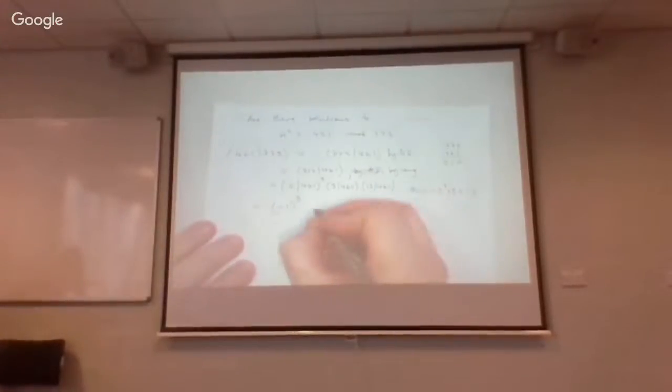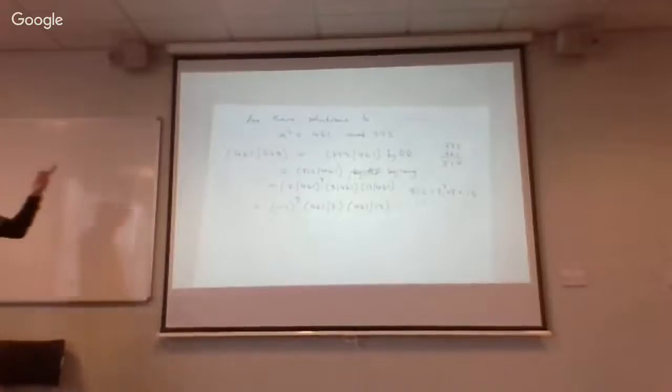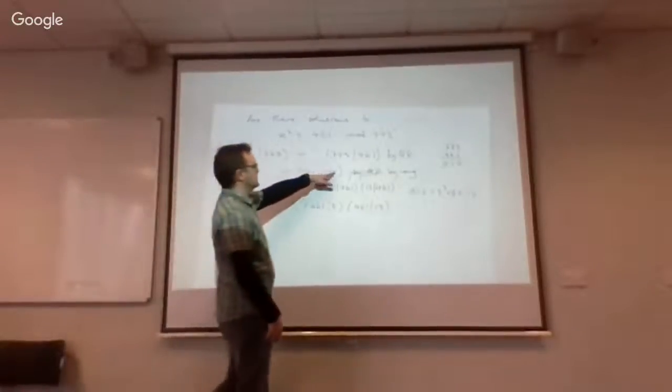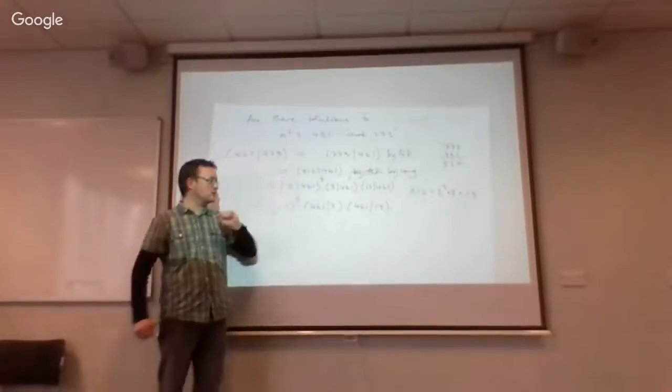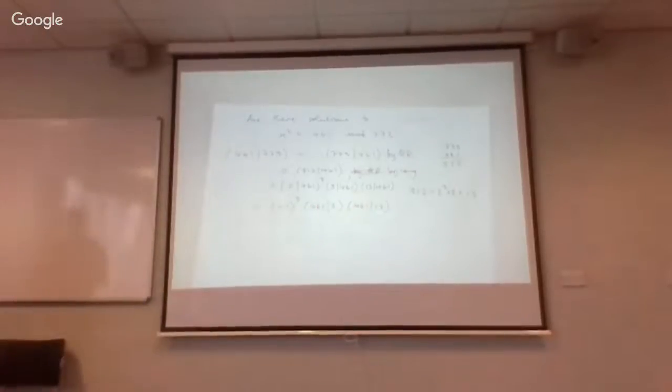Well, 3 modulo 461 I'm just going to flip immediately using quadratic reciprocity, and 13 modulo 461 I'm also going to flip using quadratic reciprocity. Remember, we checked 461 is congruent to 1 modulo 4. So since that's involved, I just flip the Legendre symbol. I don't have to worry about checking the other one.